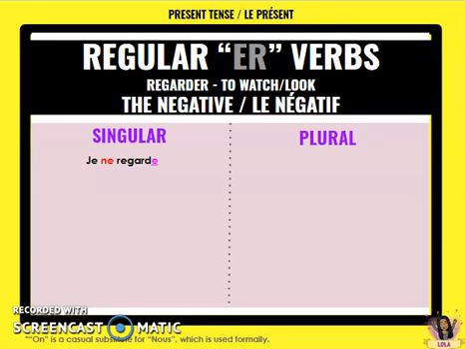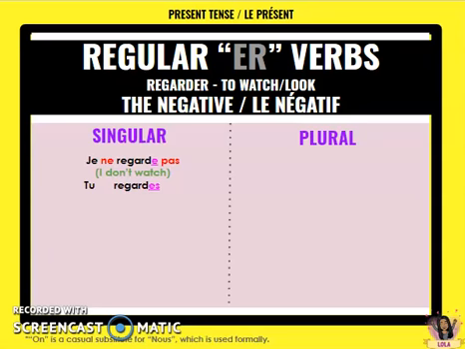So we put the ne before the verb regarde, and the pas goes after regarde. So basically, the ne and the pas surround the verb. Je ne regarde pas, I don't watch.